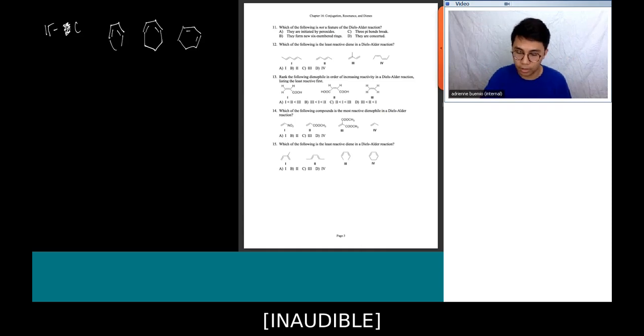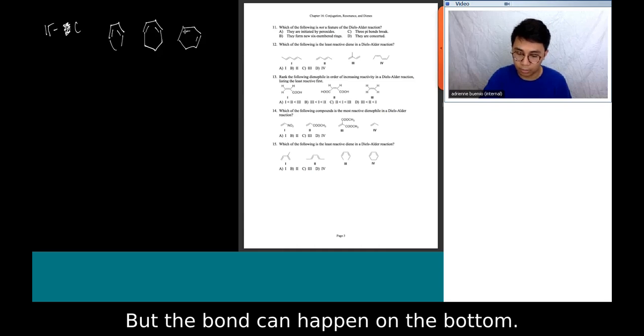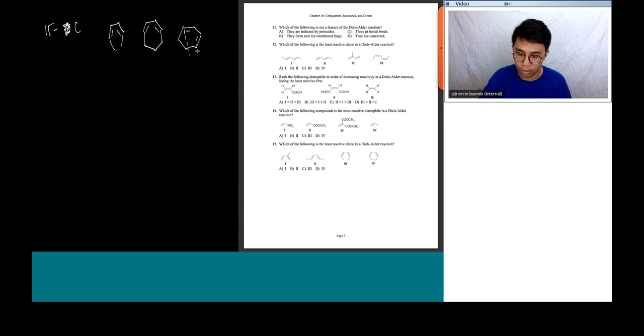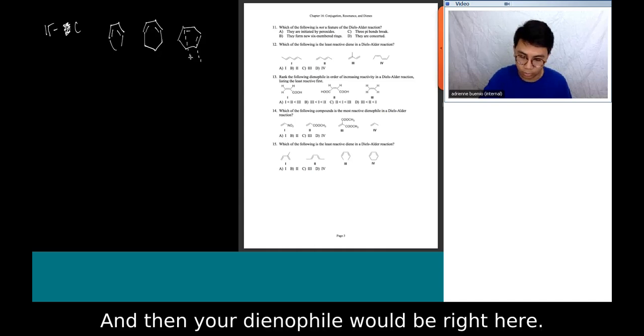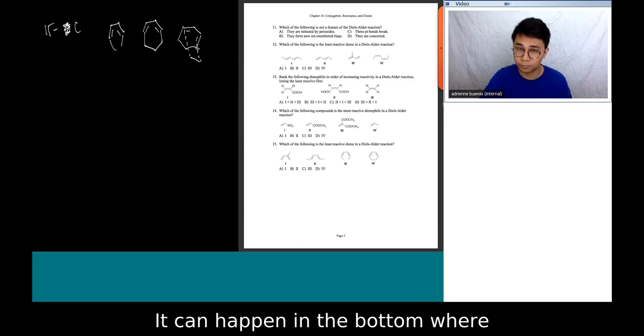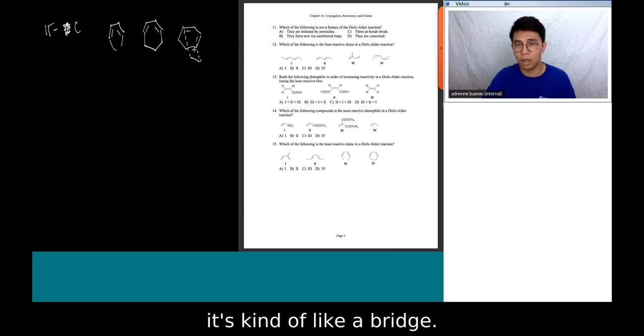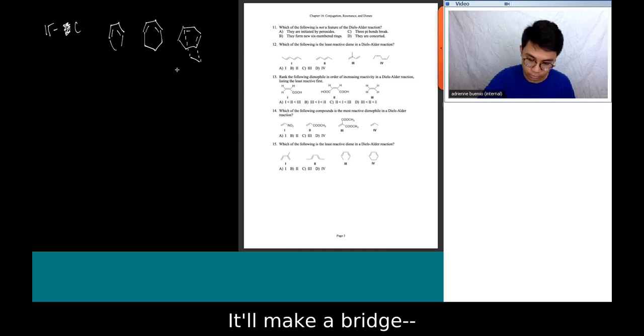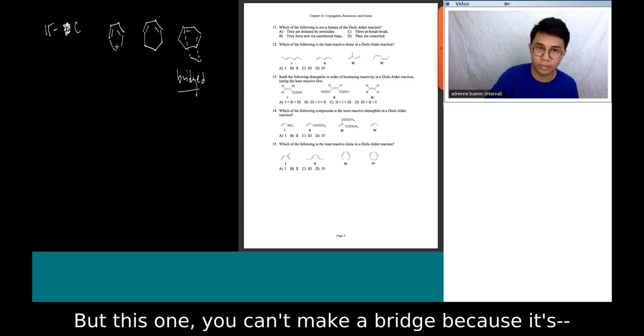The bond can happen on the bottom, right? And then your double bond or your diene will be right here. It can happen in the bottom where it's kind of like a bridge, right? It'll make a bridge.